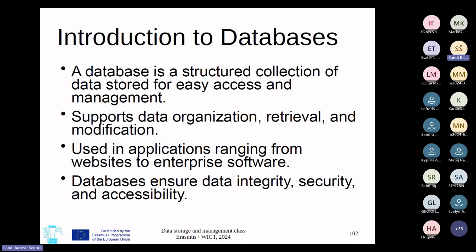So you need to fulfill a couple of basic points, and first, it's structured. This usually means a table of some sorts, or a collection of connected tables. And these databases will allow us to retrieve, modify, and organize data.